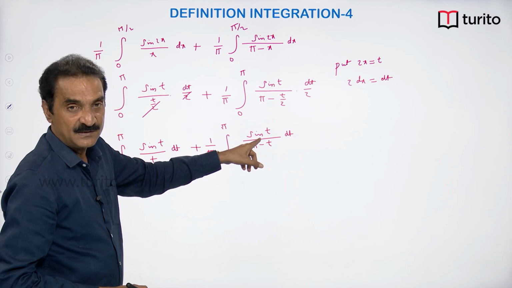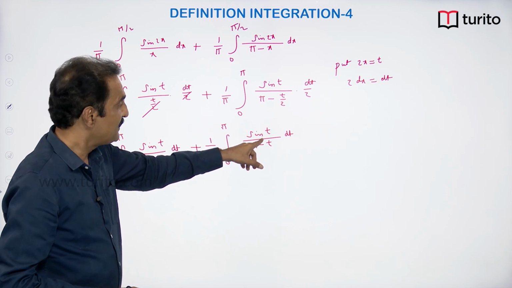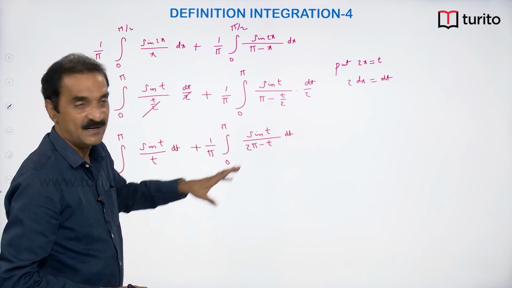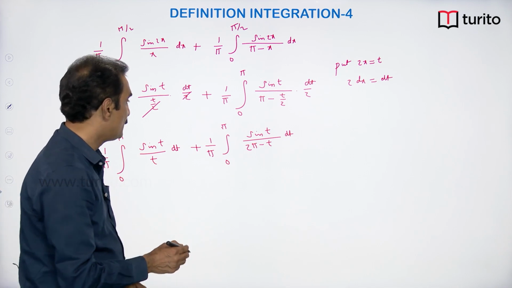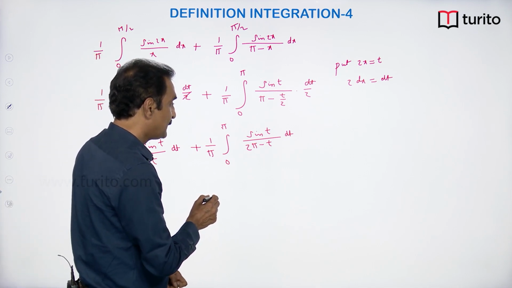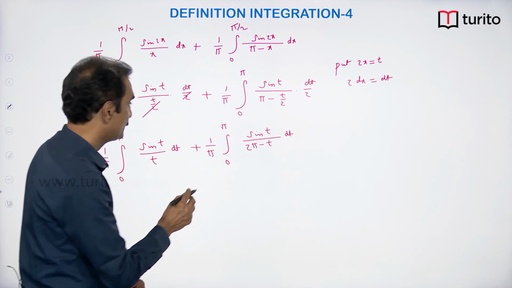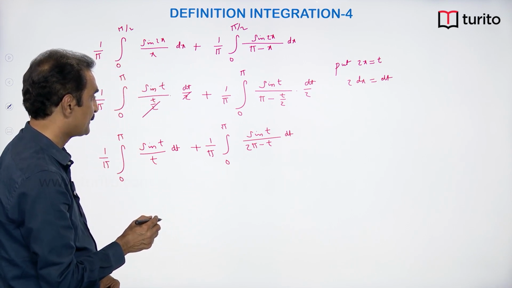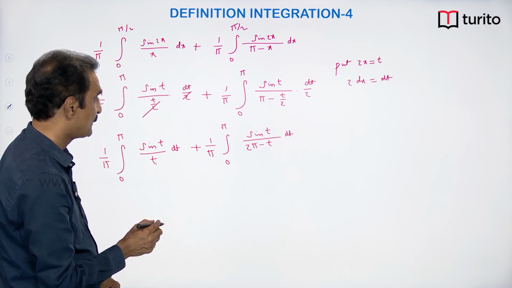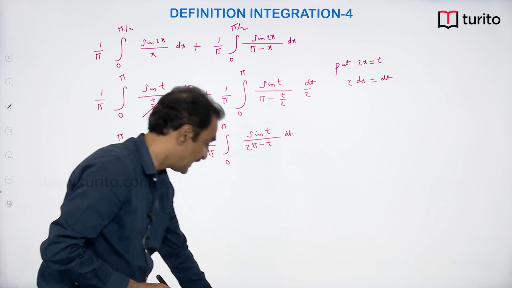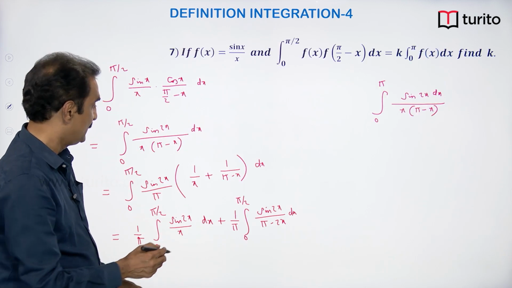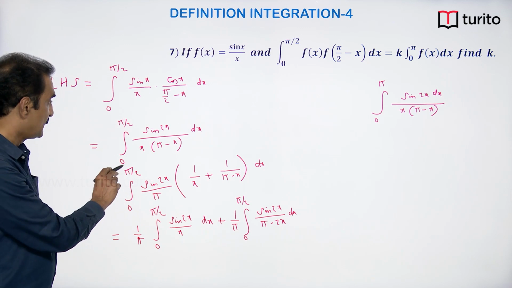Again replacing t by pi minus t, you are getting the same integral. So we can write this as... one minute, let us check the calculation in the previous page.